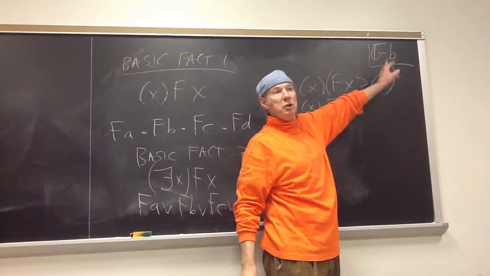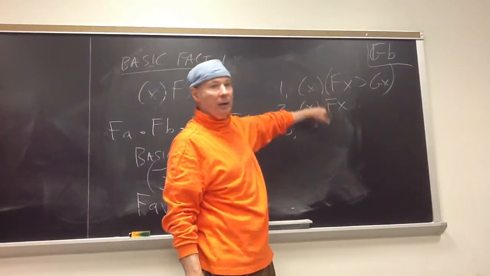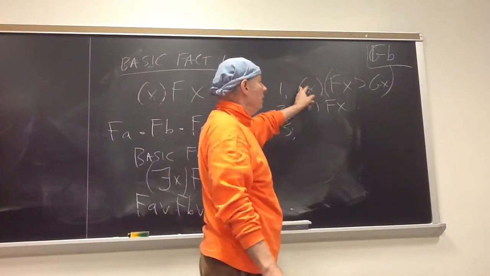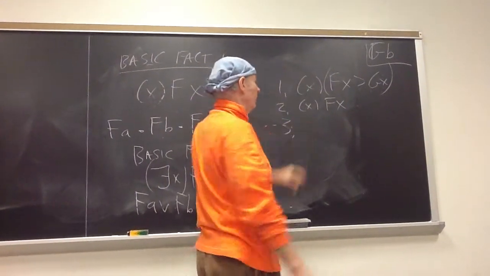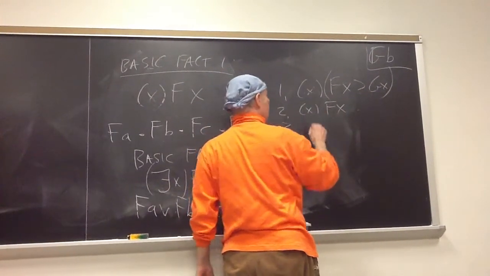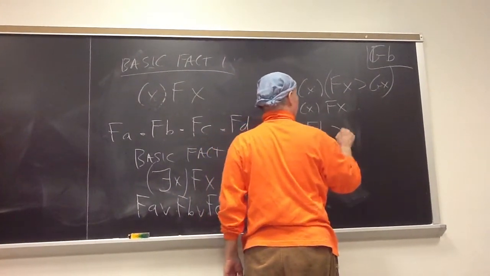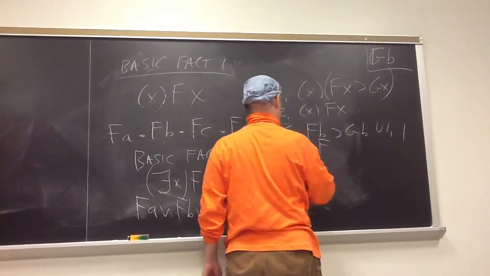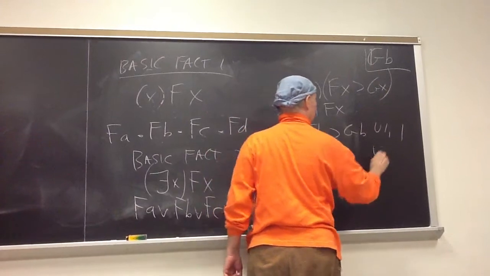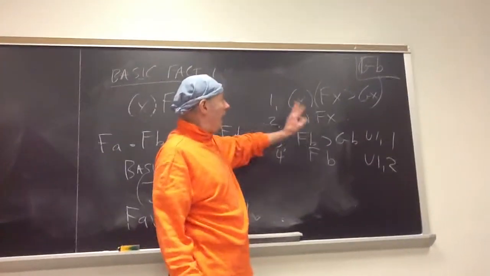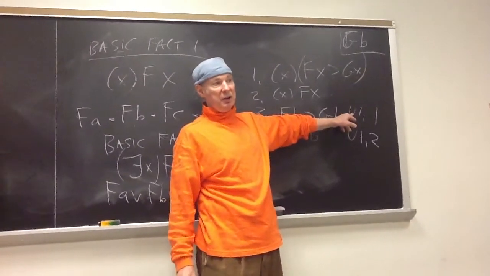Suppose I want to show GB validly follows from these two premises. Then I would drop these quantifiers and replace X in both cases by B. Notice, I can do universal instantiation.